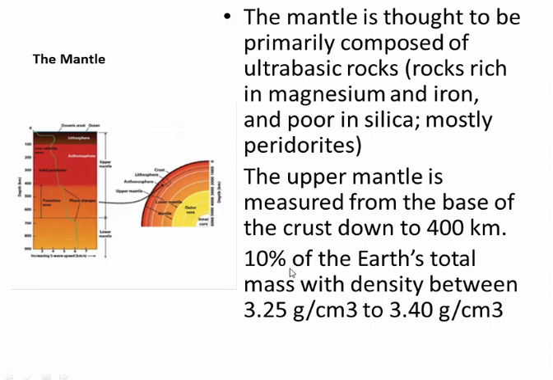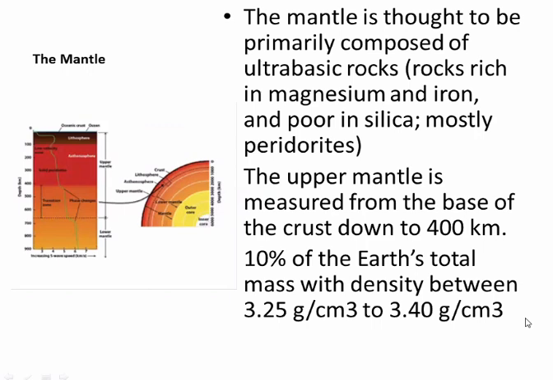And what is the composition? Unlike the Earth crust, which is only 0.5% of the Earth's total mass, the mantle is 10% of the total mass of the Earth. The density of the mantle varies from 3.25 gram per centimeter cube to 3.4 gram per centimeter cube.